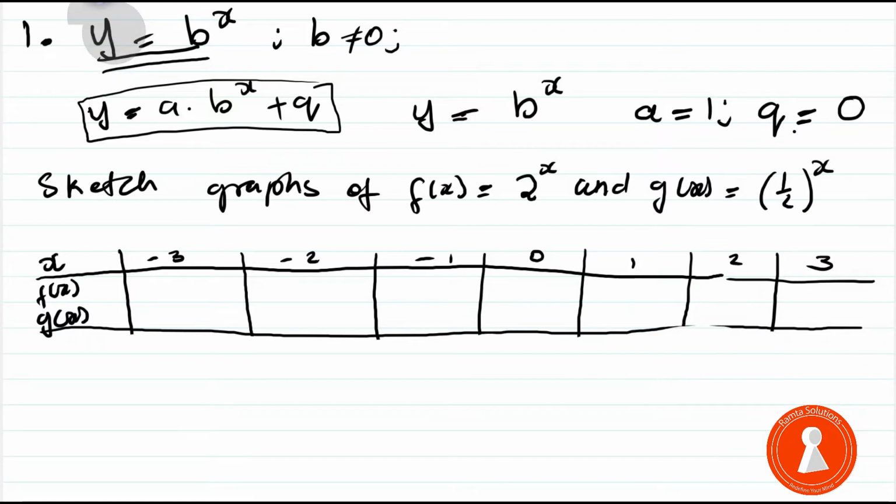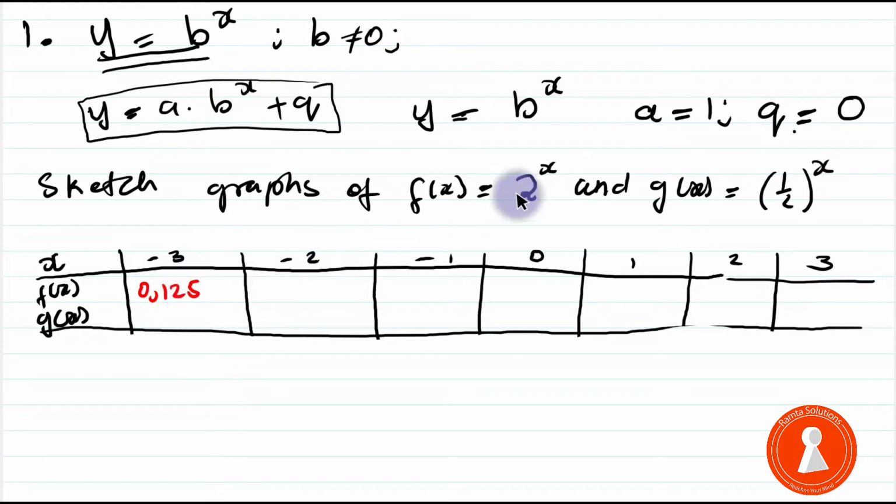All right. So now we have f of x is 2 to the x. Let's imagine 2 to the minus 3. 2 to the minus 3 would be 1 over 8, which is 0.125.